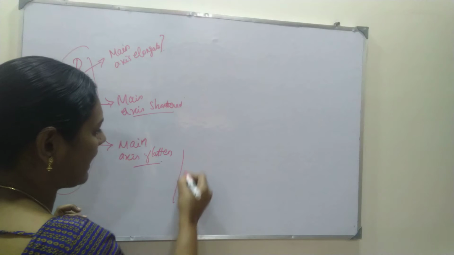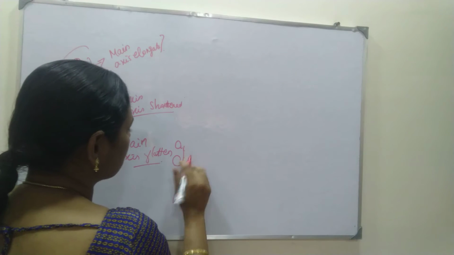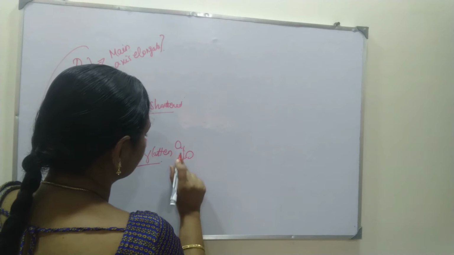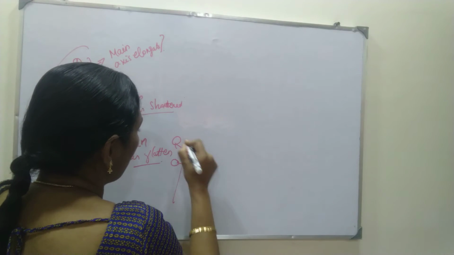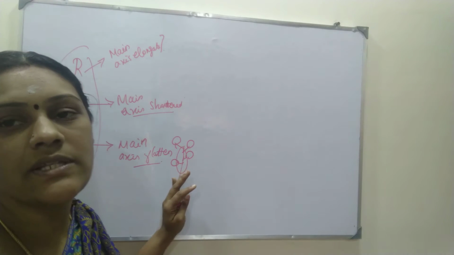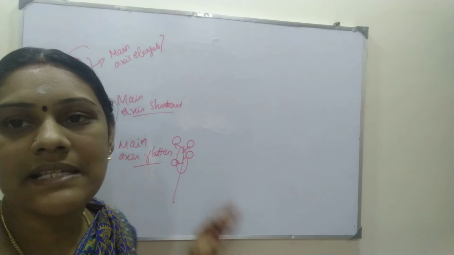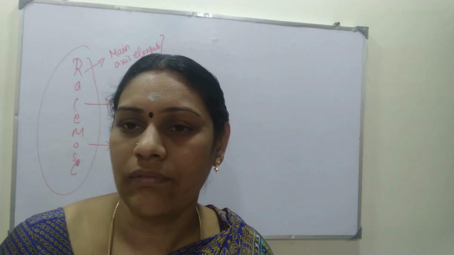Suppose this is a plant. From this you will be getting leaves. The part carrying all the leaves, flowers or the inflorescence is called the main axis. Some plants have an elongated type of flower or inflorescence.